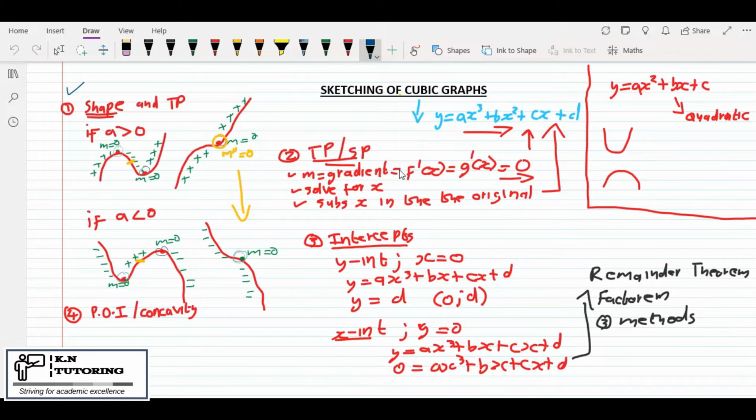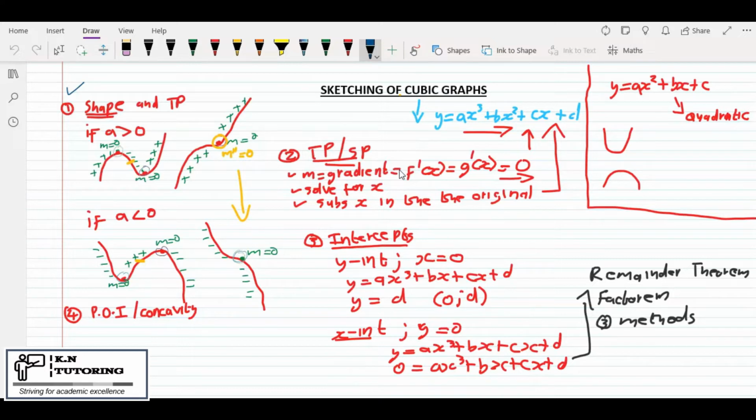You take your cubic function and you differentiate, you determine your gradient, which is f prime x or g prime x or h prime x, depending on the question, and then you equate that to 0. After equating that to 0, you solve for x. Then after solving for x, remember now you will be determining the turning points, so you'll be looking for coordinates.